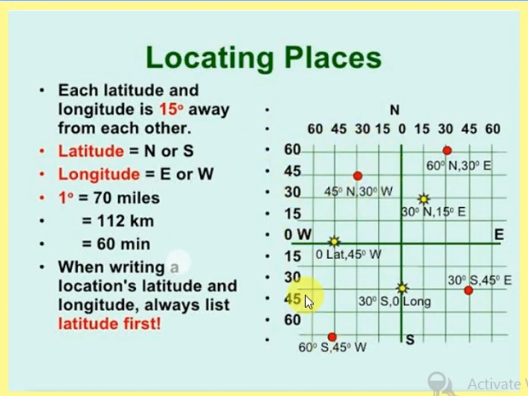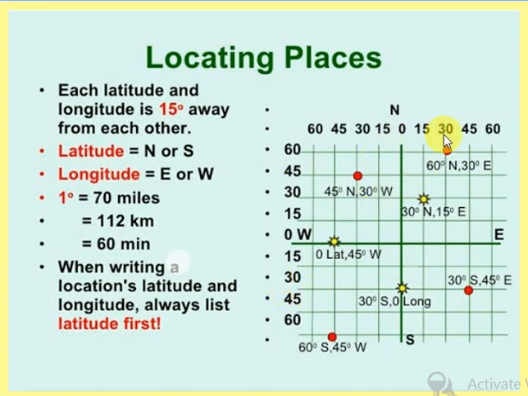Above the equator these are the lines of latitude north, and below the equator the lines of latitude south. On this side are the lines of east longitude and this is west longitude.